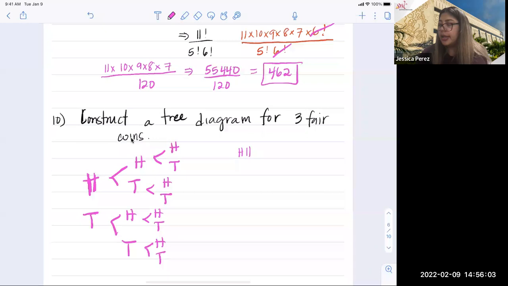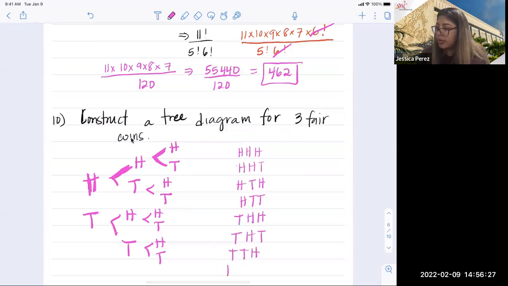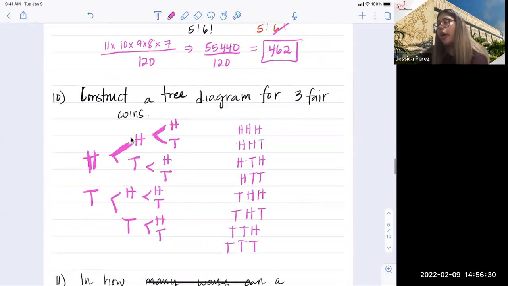You have head, head, head; head, head, tail; head, tail, head; head, tail, tail; tail, head, head; tail, head, tail; tail, tail, head; and tail, tail, tail. Okay, so this is your tree diagram for 3 coins: first coin, second coin, third coin. So here you have 8 outcomes.